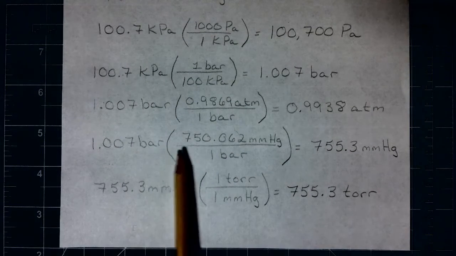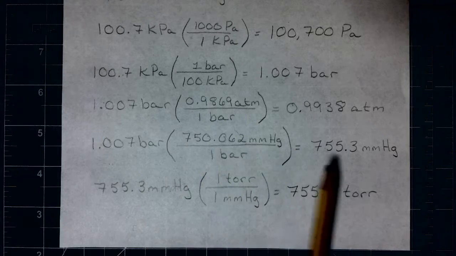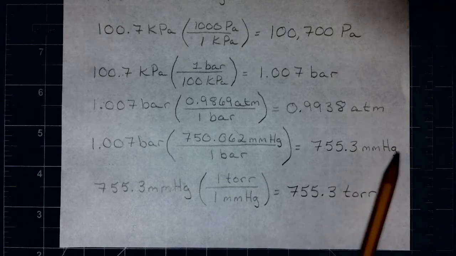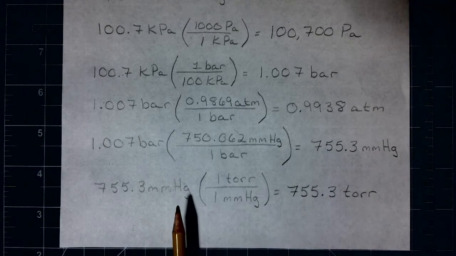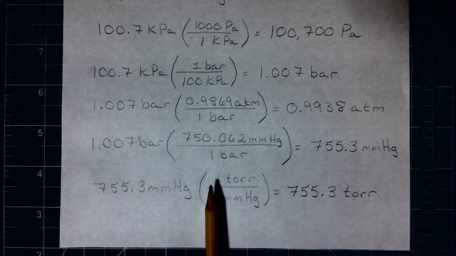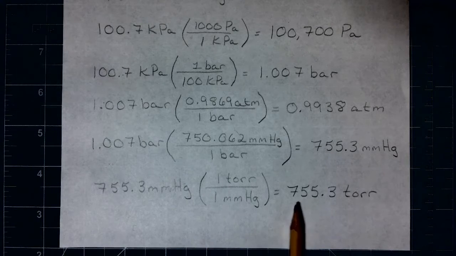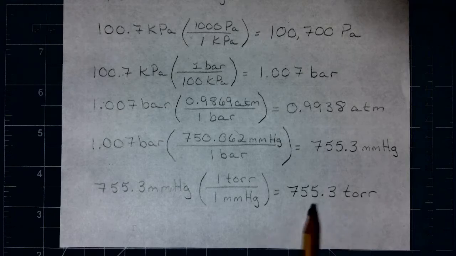We do something similar here to calculate the millimeters of mercury, and then we recognize that there's 1 torr for every 1 millimeter of mercury, so we get the same number of torr as millimeters of mercury.